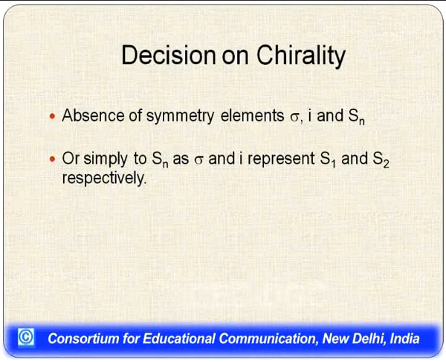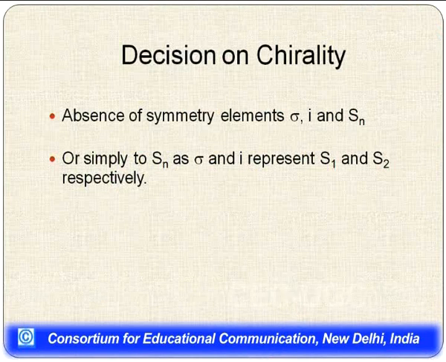If the symmetry elements are absent, the molecule is said to be chiral. You can see on the slide that the absence of symmetry elements sigma, i and Sn means the molecule is chiral and optically active.